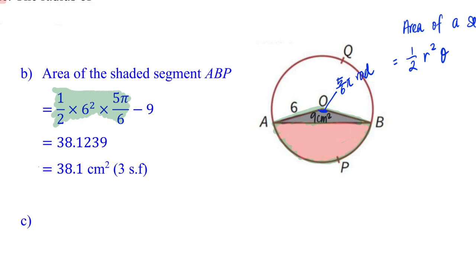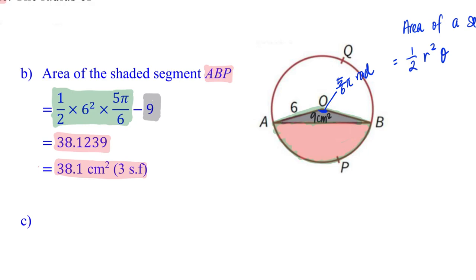This is the green color area. Minus away my triangle to give me my red color area of this segment, and this is the answer in 3SF.